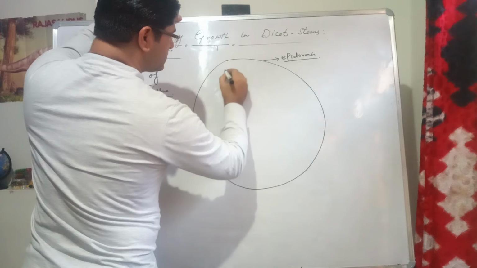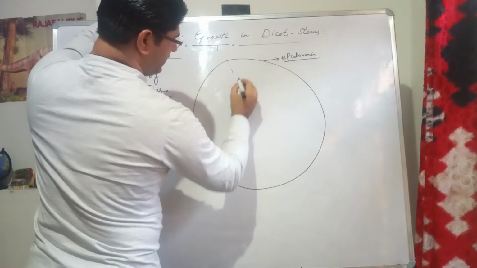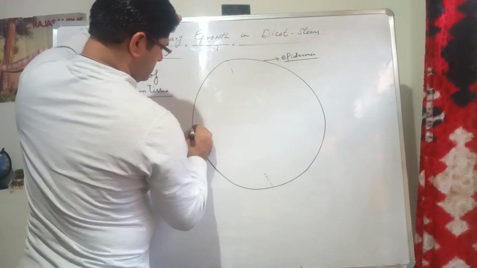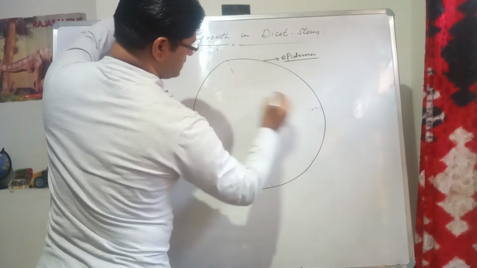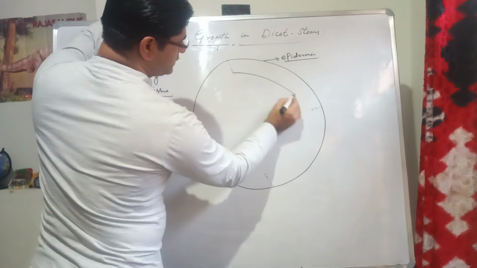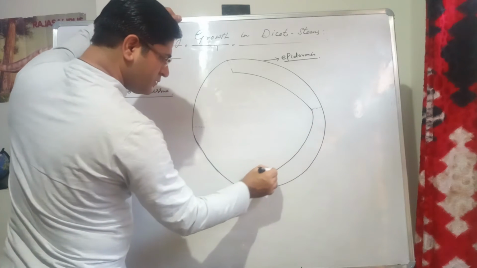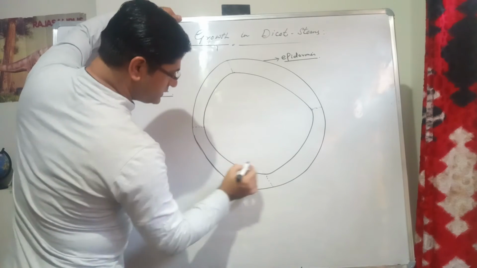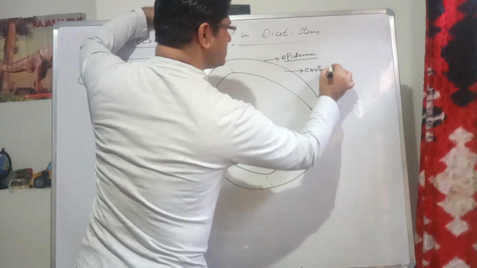So you consider this much area. This is the cortex. This is the cortex layer.